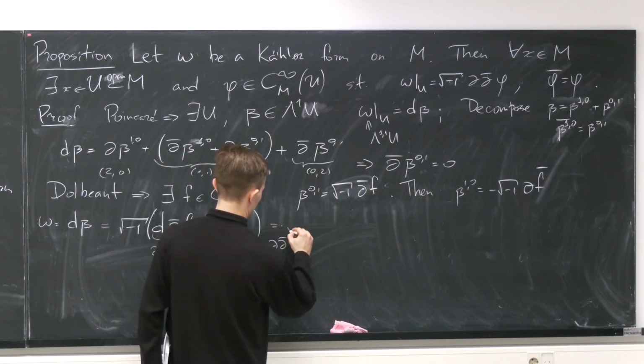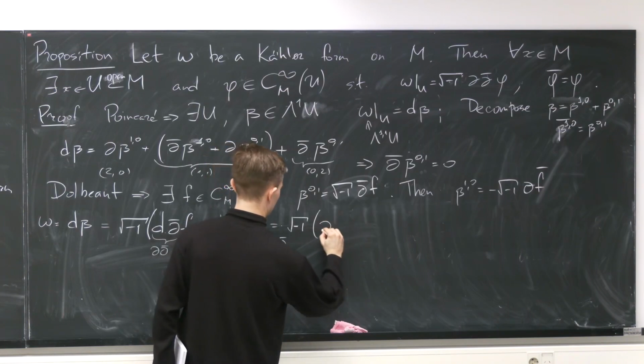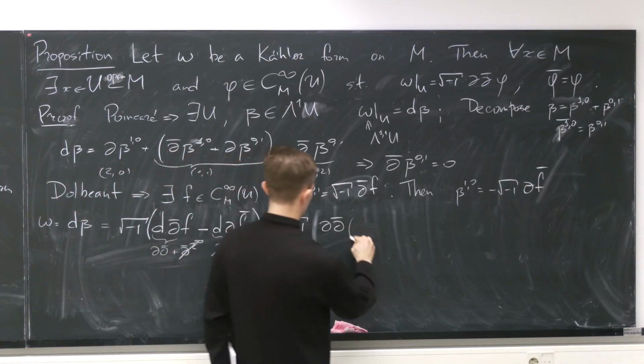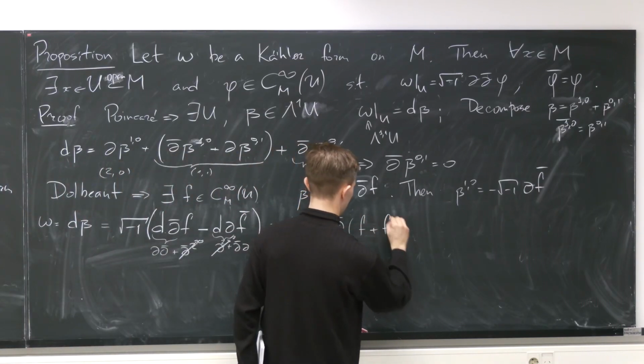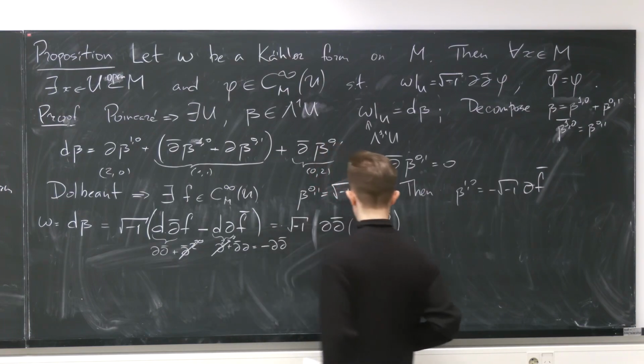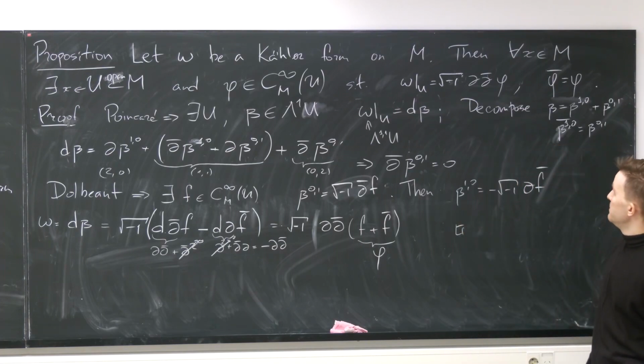So finally I can write it like this, del del bar of f plus f bar, and then I define this to be phi. And I get the claim. So it's a real function.